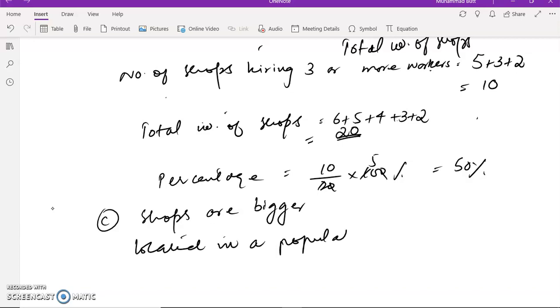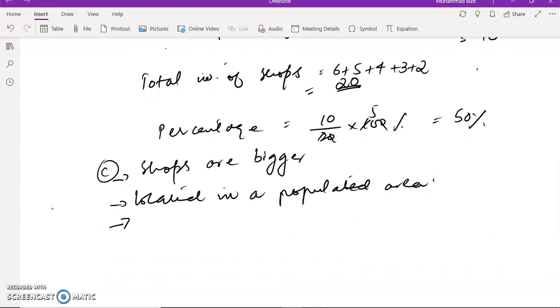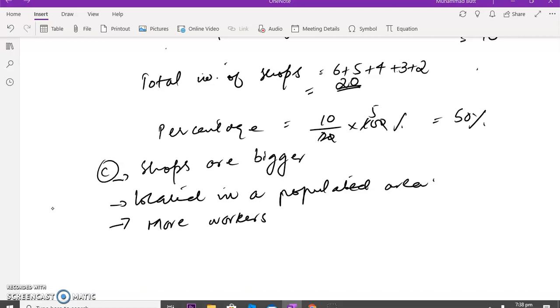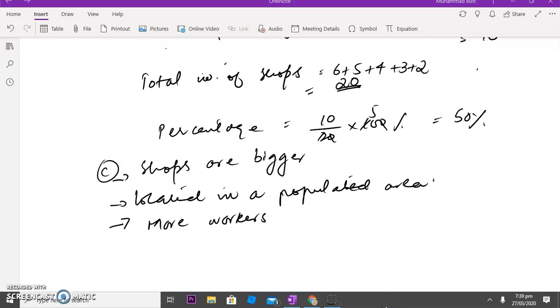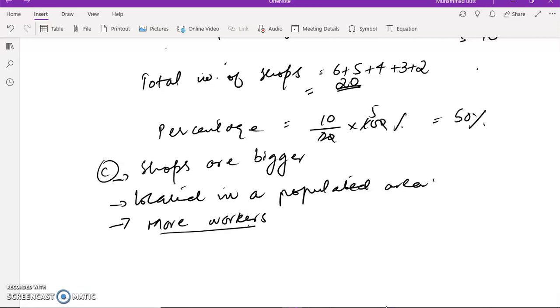That's why they require more workers. Or it's the policy of the shop that they are employing more workers so that the customers could be facilitated. So there can be many reasons.